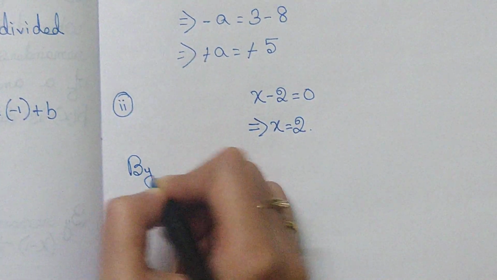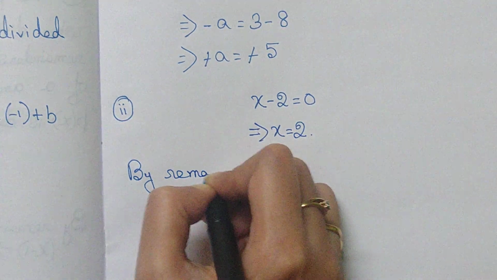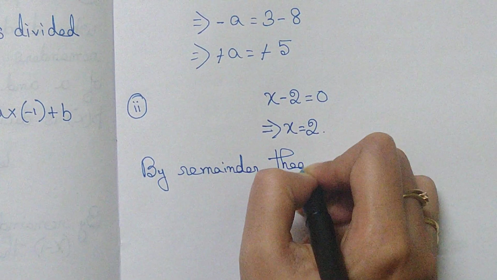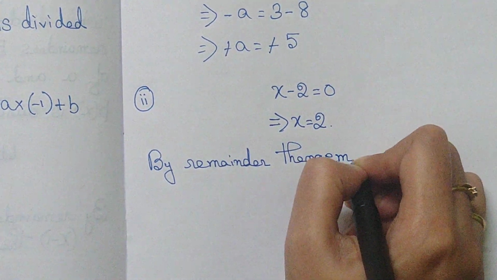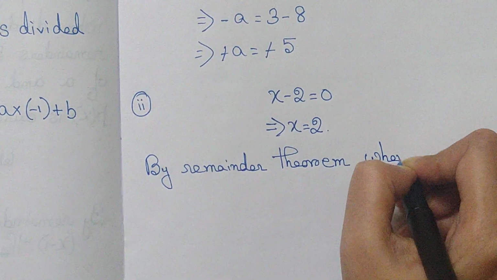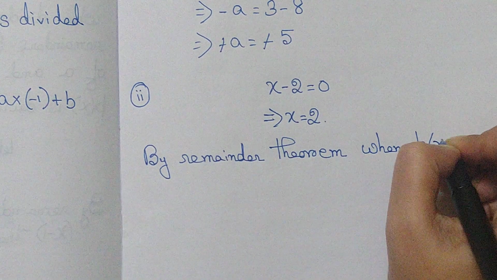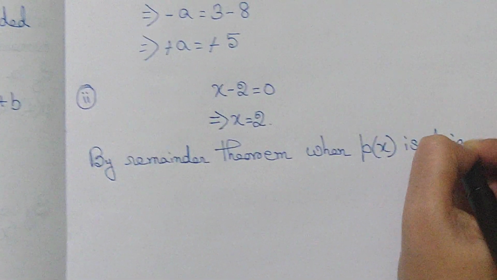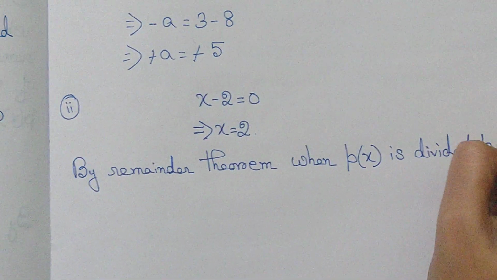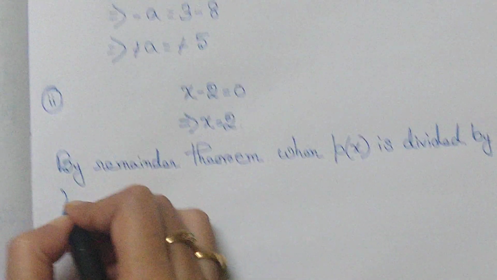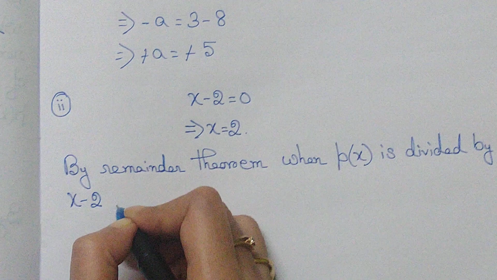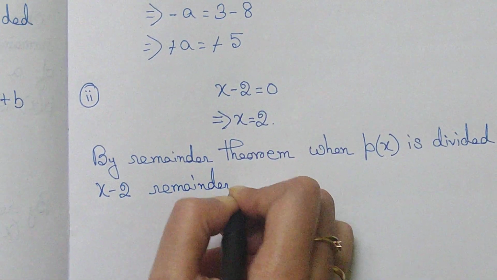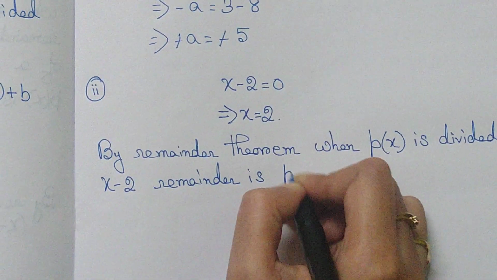By remainder theorem, when P(x) is divided by x minus 2, the remainder is P(2).